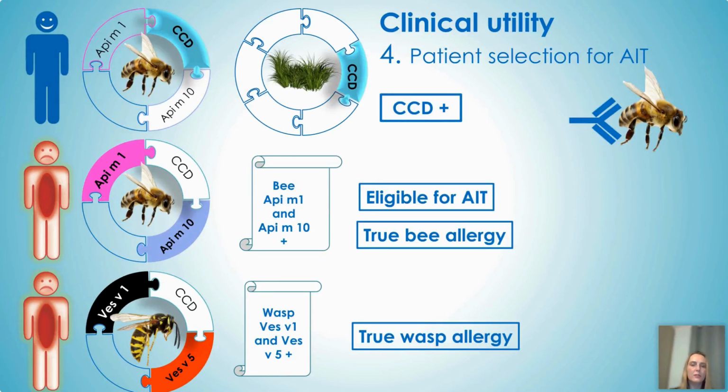Just to note as well that the Api m 10 is not as well represented in the allergen immunotherapy available, and it could be something just to keep in mind. And then the true wasp allergy can be defined when the Ves v 1 or the Ves v 5 is positive when we do component testing, and the patient then also experiences symptoms when stung by a wasp.